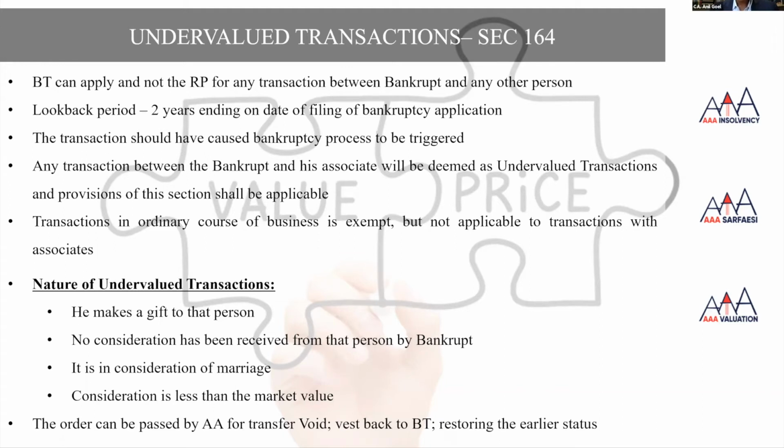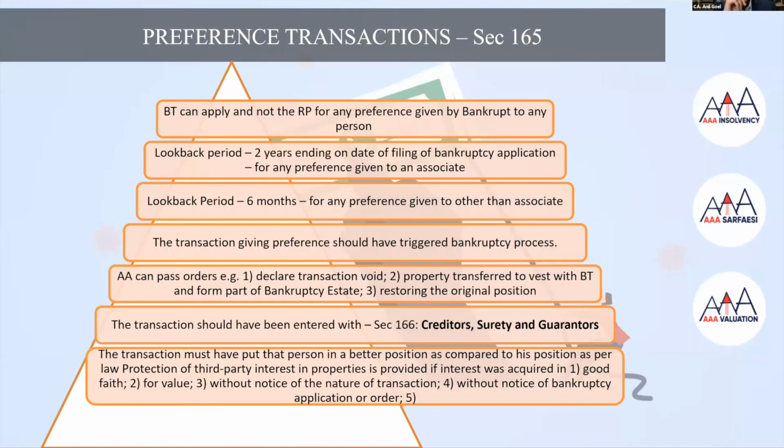However, a transaction within 2 years with the associates would be considered as undervalued without even considering the value of the transfer. In the case of preferential transactions, if the transaction is with the associate, then the look back period is 2 years. If the transaction is with any other person, then the look back period is only 6 months.